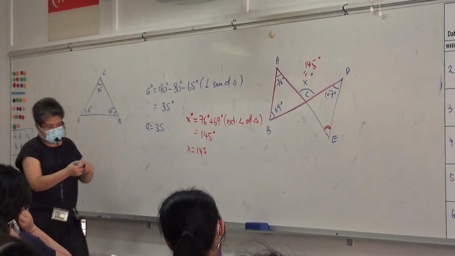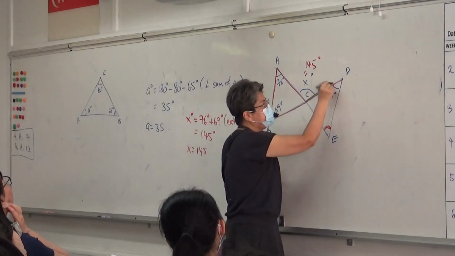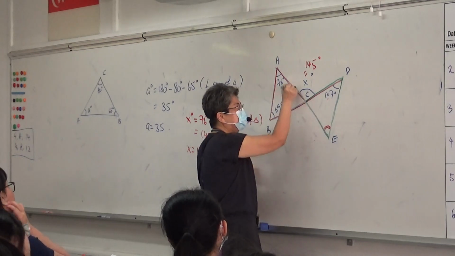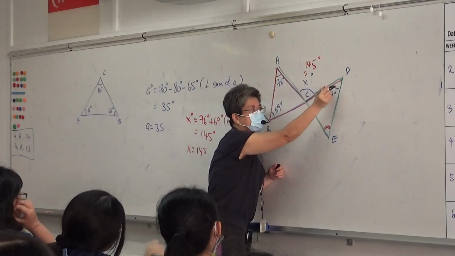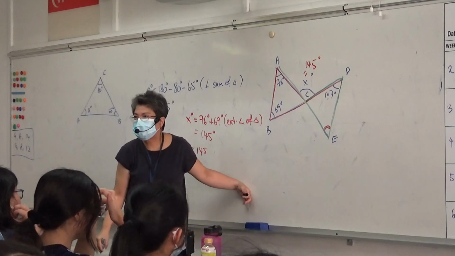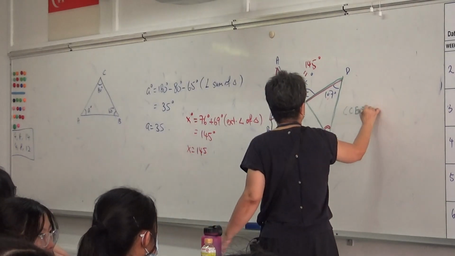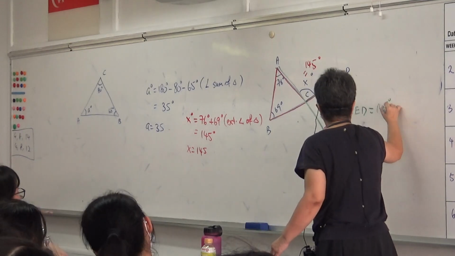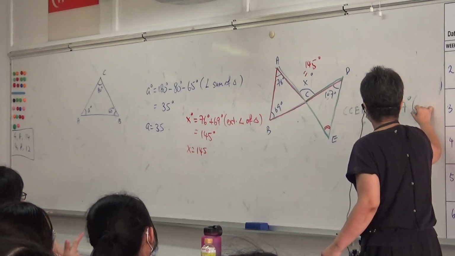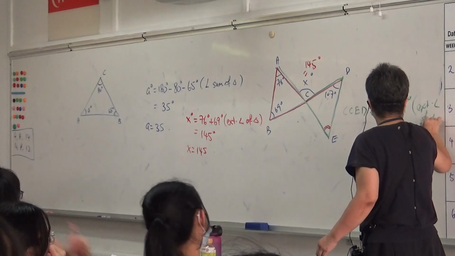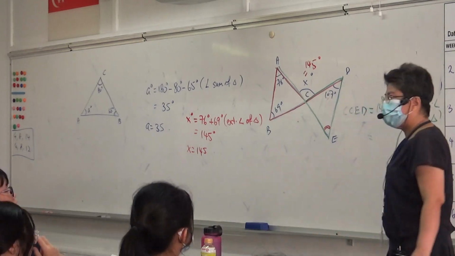I want all of you to look up. Do you agree that if I look at this green triangle, this is the exterior angle, these 2 are the interior angles. Let's see. So angle CED will be 145 degrees minus 107 degrees. Exterior angle of triangle, what do you get?